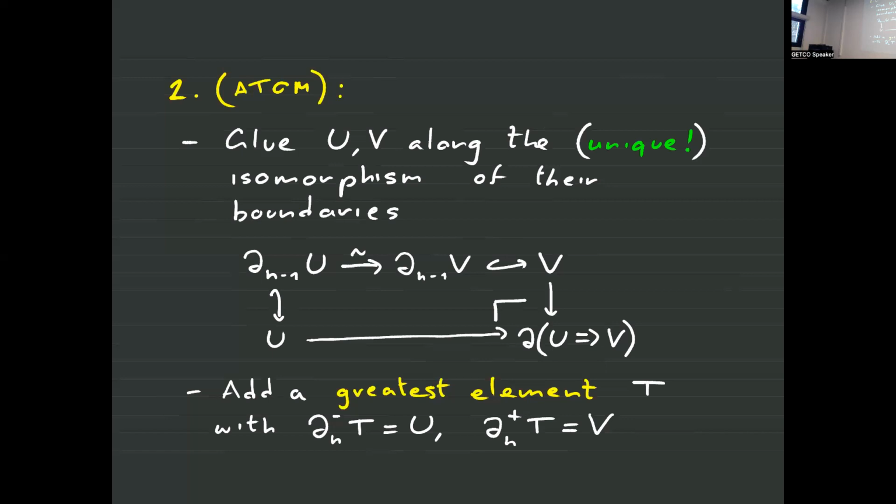And I've just been saying isomorphic. In principle, you could think there could be many isomorphisms giving different results. But in fact, it's a result about this class of regular molecules that when they are isomorphic, they are in a unique way. So there's also a unique way that you can glue them together.